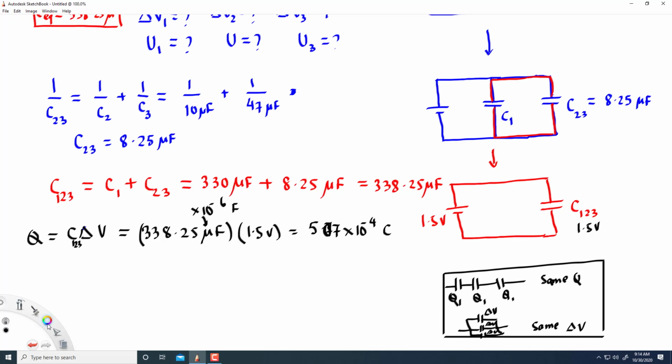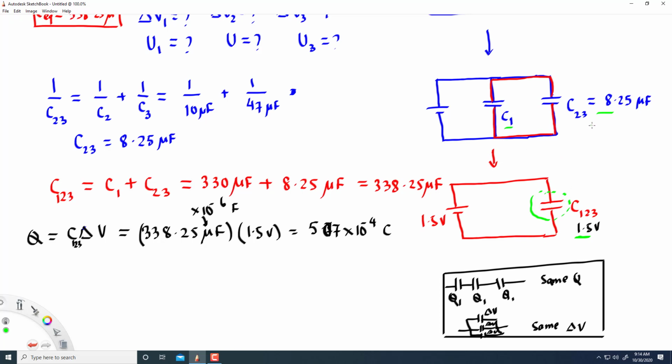Okay, so now we need to go backwards. Let's use a different color here. So this one is the combination of these two. Because this one is a combination of the two parallel capacitors, they will have the same potential difference. Whatever potential difference you see in this one, the same potential will be on this one and this one, because they are all parallel.